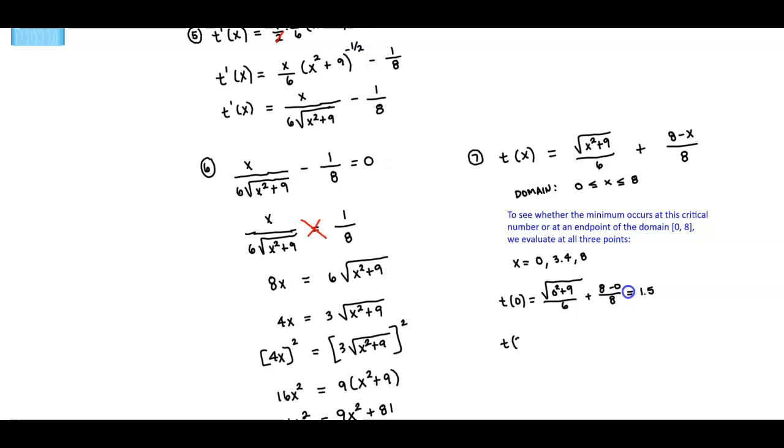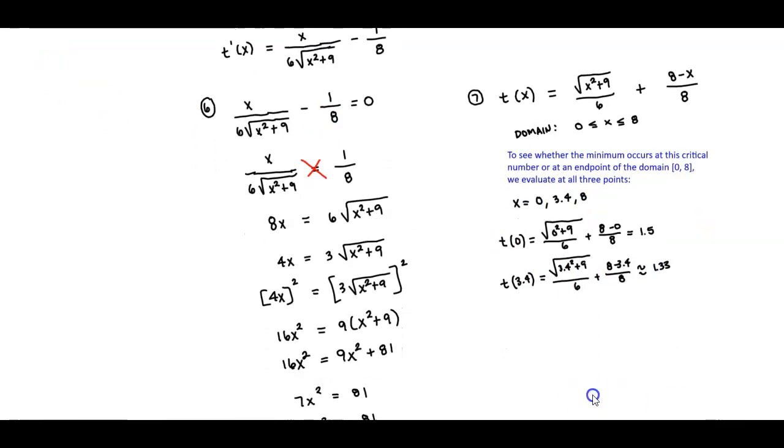If we find T of 3.4, plugging that back into our original function, we have the square root of 3.4 squared plus 9, over 6, plus 8 minus 3.4, over 8, which gives us approximately 1.33. And then if we want to find T of 8, which is the endpoint, we have the square root of 8 squared plus 9, divided by 6, plus 8 minus 8, divided by 8, which gives us approximately 1.42.